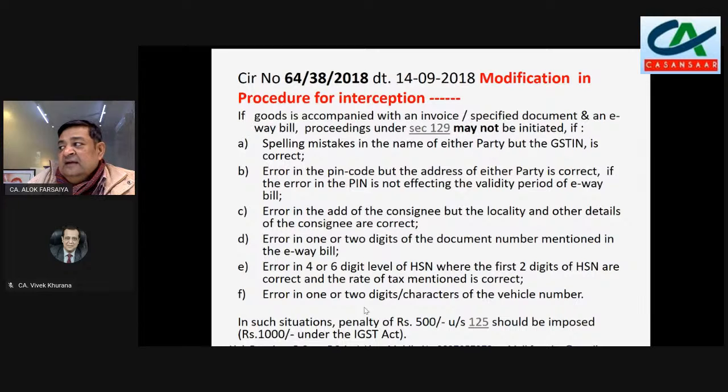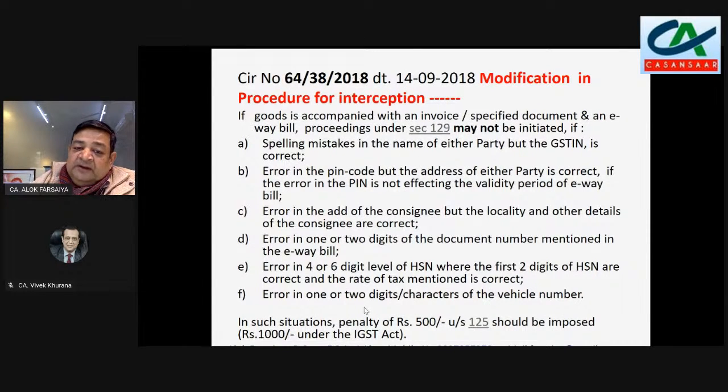And these errors are: a minor difference in the name of the party. Similarly, while mentioning the GST number of the party, we commit a 1 or 2 digit error. We commit an error in mentioning the PIN code of the party.